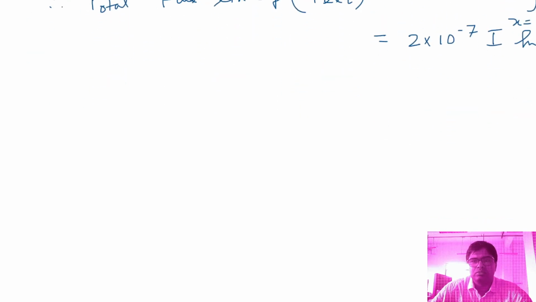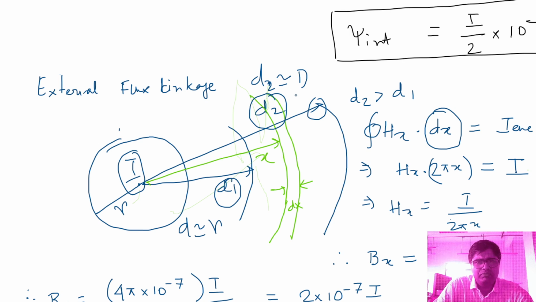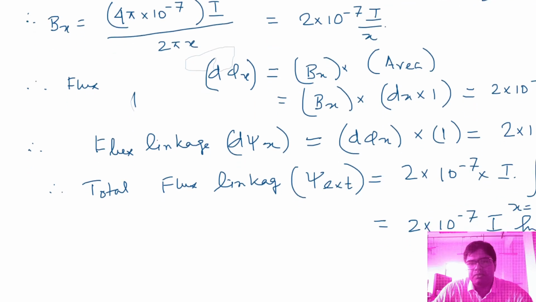Now this d2 and d1, you see from the diagram, are any 2 points outside the conductor. So d1 can be approximated as r, which is the conductor radius, and d2 can be approximated as capital D, the distance from one conductor to the other conductor.